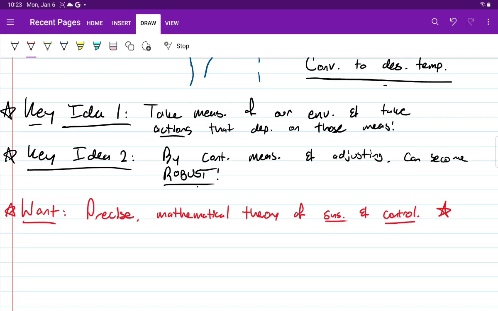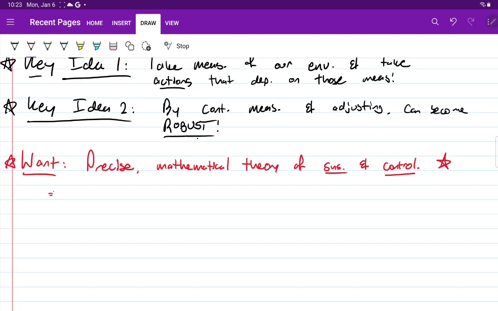Now, what's our first step in this process? Well, something that makes sense, but maybe you haven't thought about before, is we want or need a precise definition of a system. Okay?